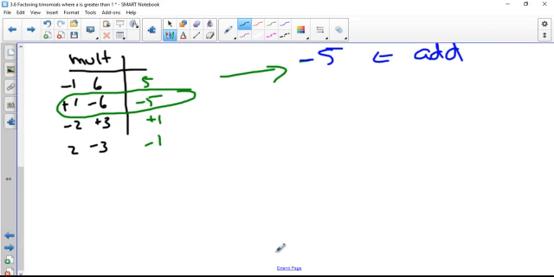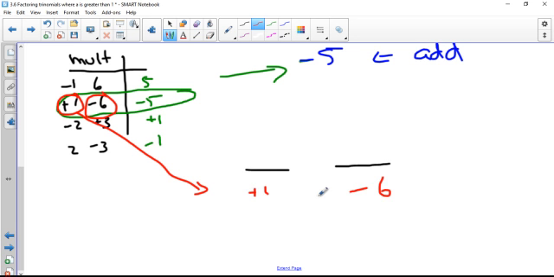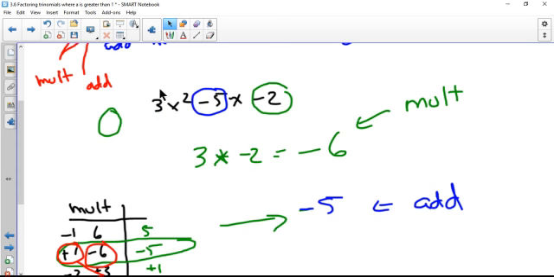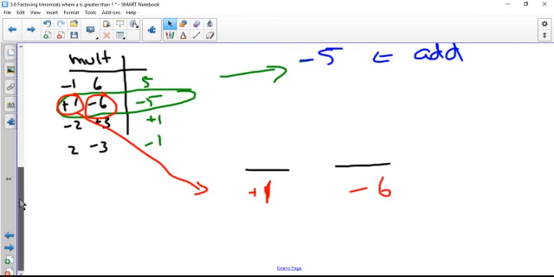So here's the line trick. We draw 2 lines. Below those, we write each of our 2 factors, so plus 1 and minus 6. On the tops of those lines, since we had a 3x squared, we're going to take the 3x squared and put it on top, but we're not going to write it as 3x squared.